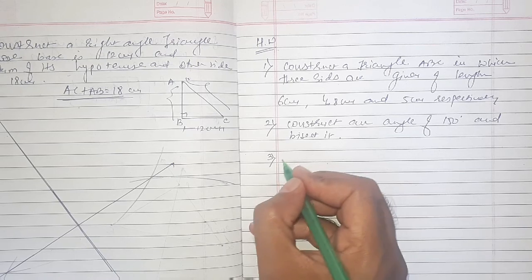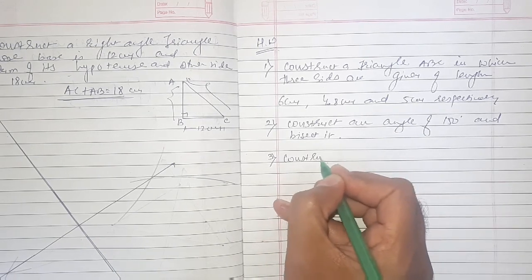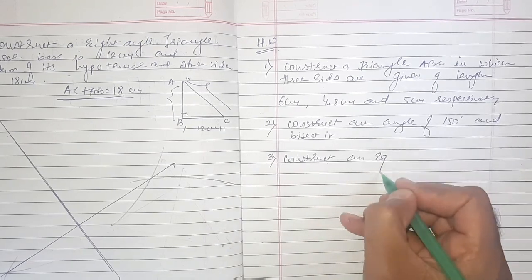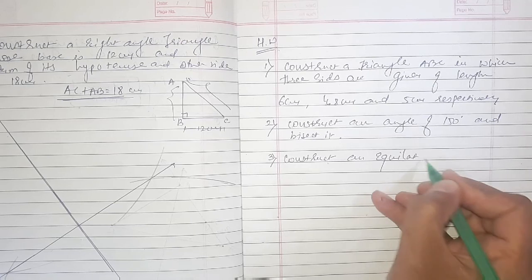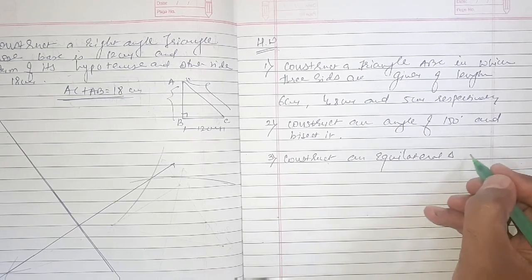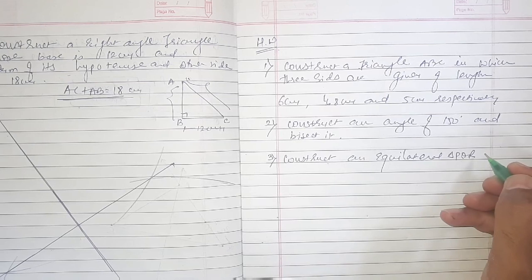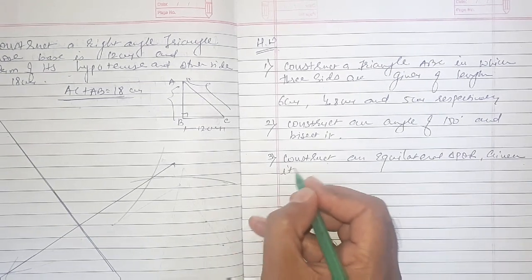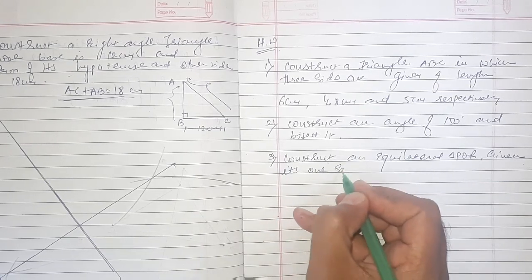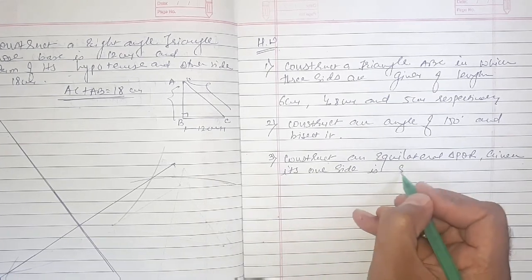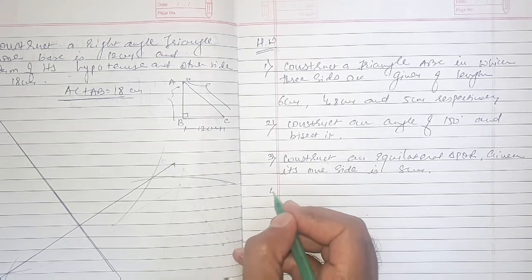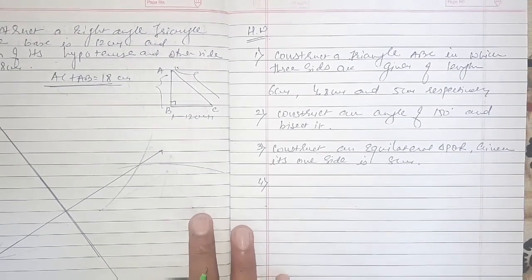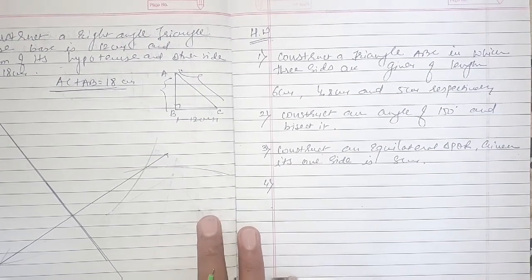Third one: construct an equilateral triangle PQR given its one side is 8 centimeter. Clear? All of these sums you must note down in your fair book.